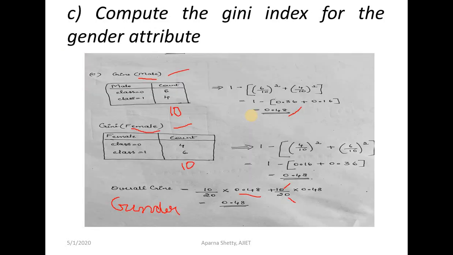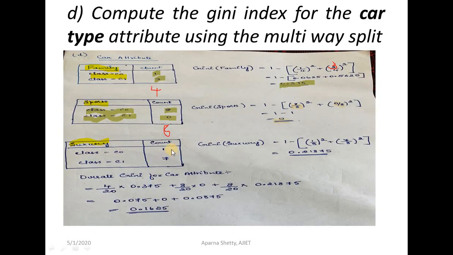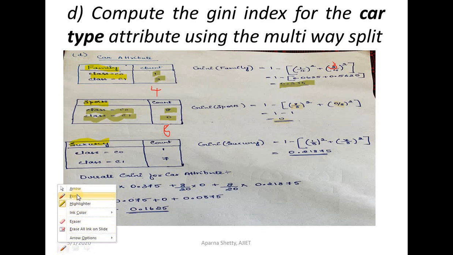Hence, let us compute this Gini. One record belongs to class 0 and 7 records belong to class 1. What is the total number of records that belong to luxury car? Total number of records is 8. Hence the Gini for luxury car is 1 minus (1 divided by 8) the whole square plus (7 divided by 8) the whole square.